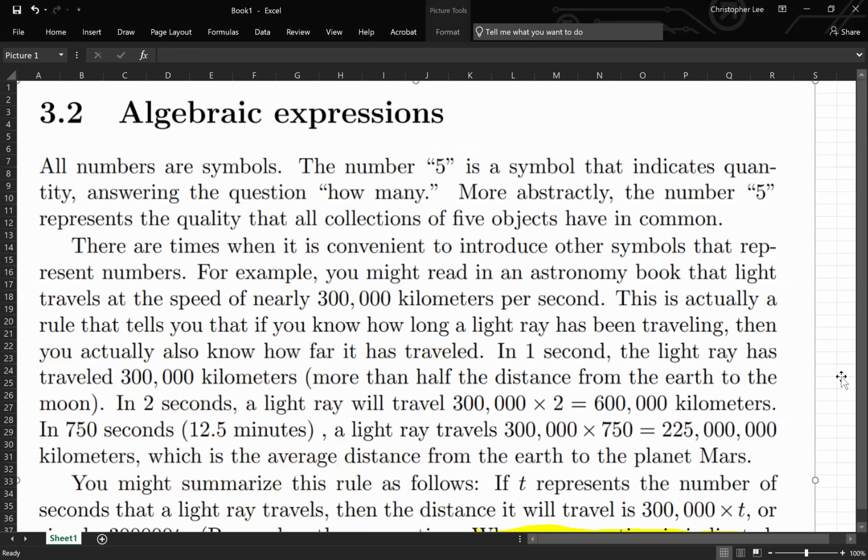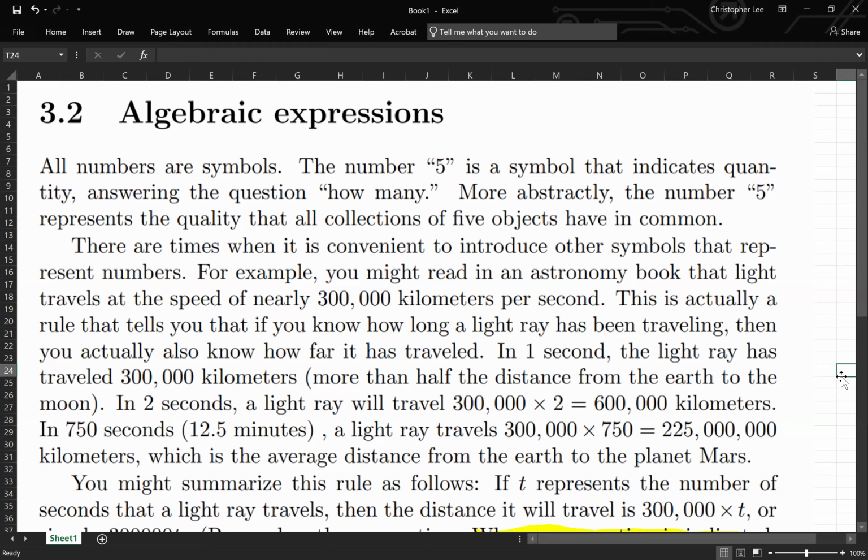All right, so we're going to be talking about algebraic expressions. Cool, right? So all numbers are symbols. The number five is a symbol that indicates the quantity, answering the question, how many? More abstractly, the number five represents the quantity that all collections of five objects have in common. There are times when it is convenient to introduce other symbols that represent numbers.